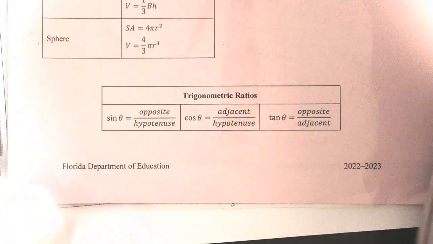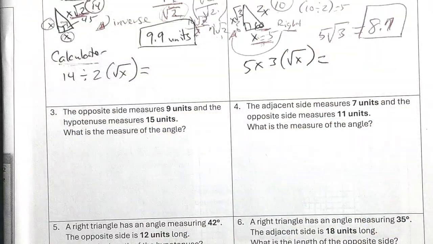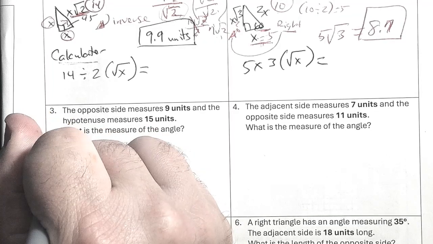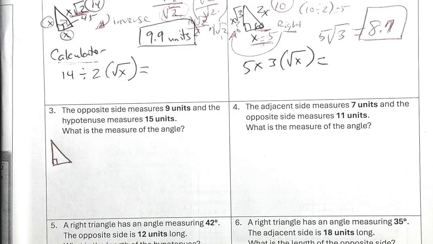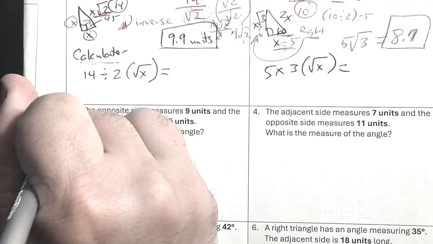All right, so SOHCAHTOA. During boot camp, I've had the little triangle, so we'll do it like this. On the side here, I'm going to write SOHCAHTOA.